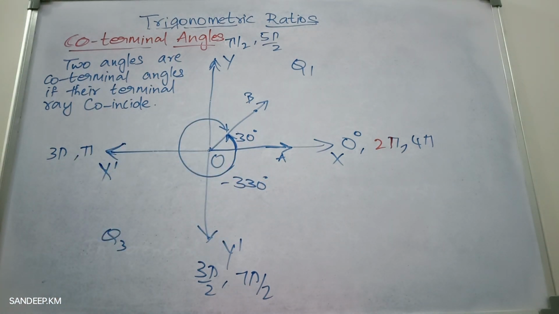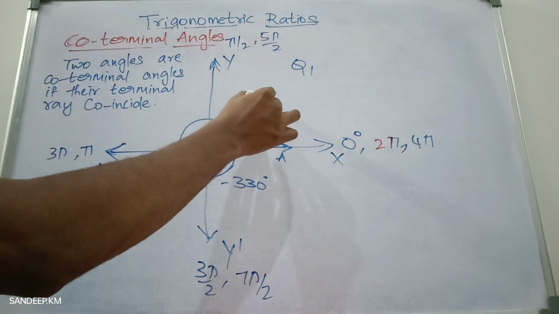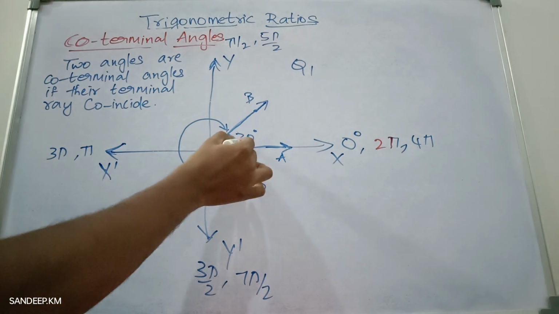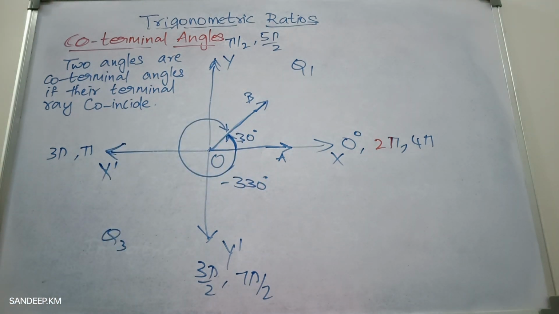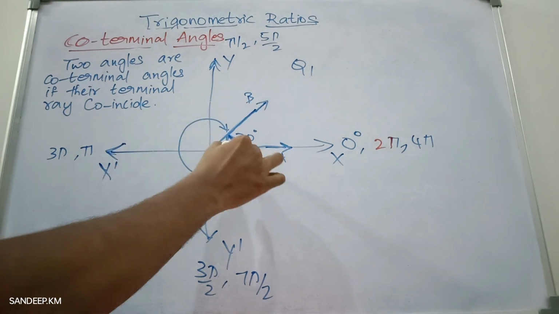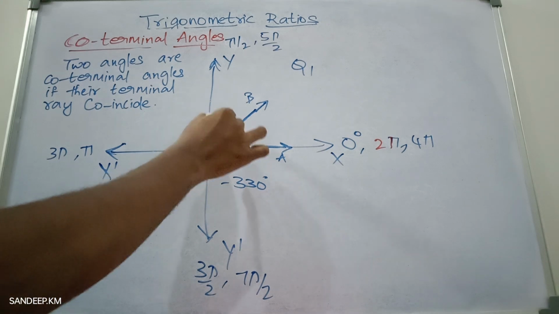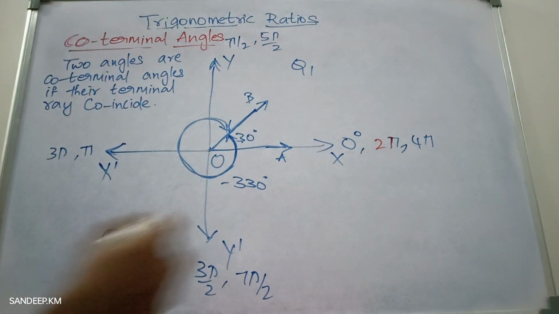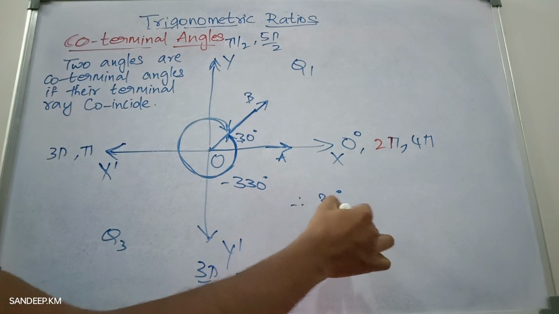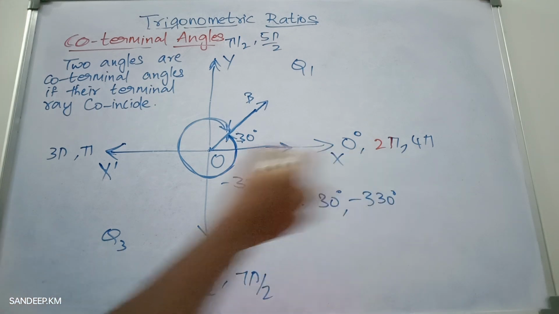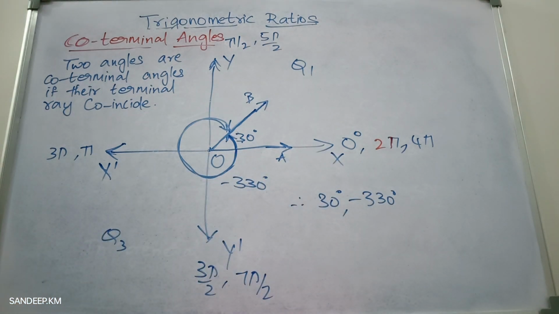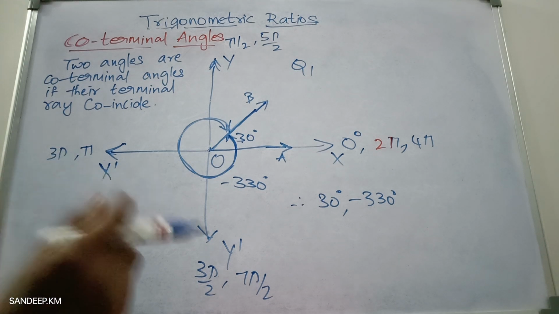So please observe, dear students, OB is the terminal ray of 30 degrees, and at the same time OB is the terminal ray of minus 330 degrees also. So I can say that 30 degrees and minus 330 degrees share the same terminal side, and therefore those two angles are called coterminal angles.